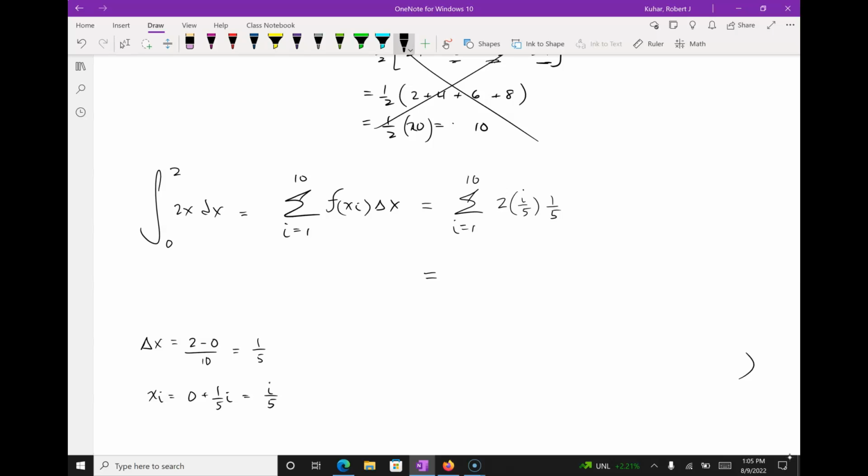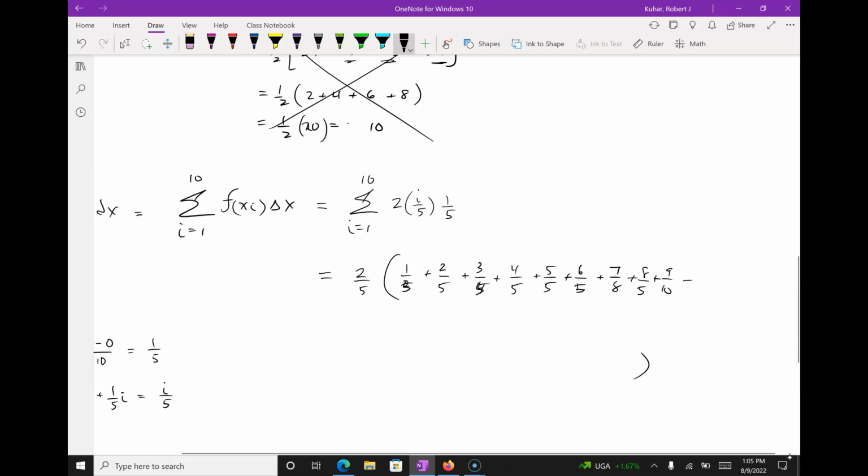Okay, so what can I do here? Well, it looks like I can factor out the 2/5 and then just add up i over 5 from 1 to 10. So 1/5, 2/5, 3/5, 4/5, 5/5, 6/5, 7/5, 8/5, 9/5, and then of course I'm ending at 2, 10/5.